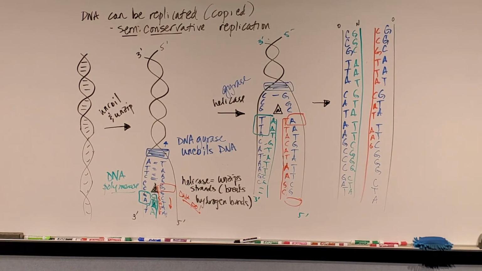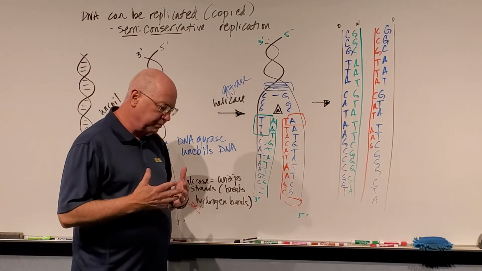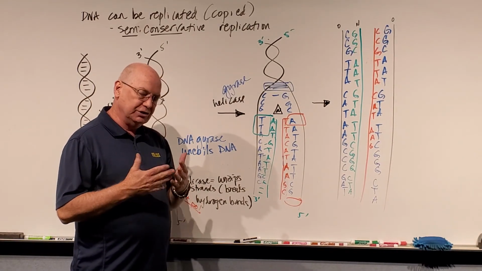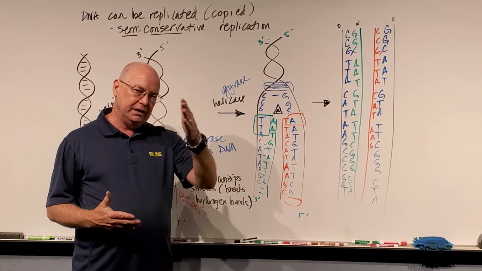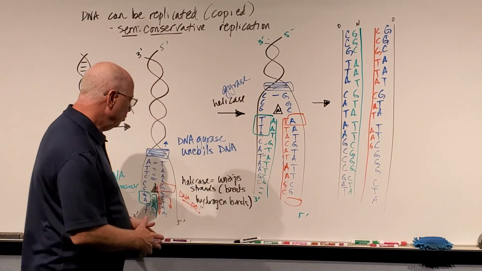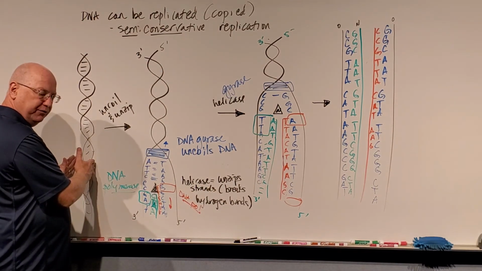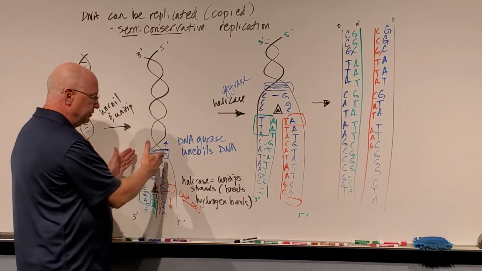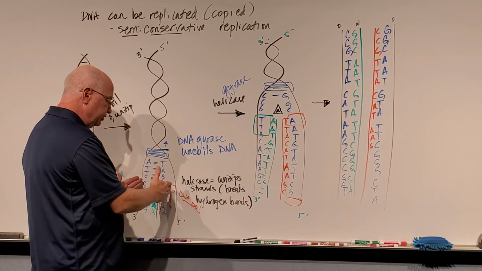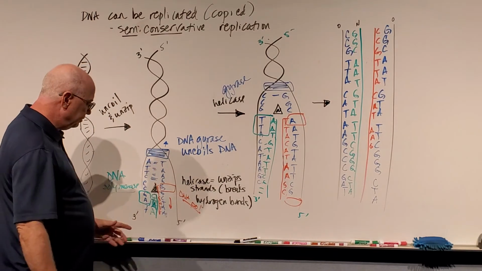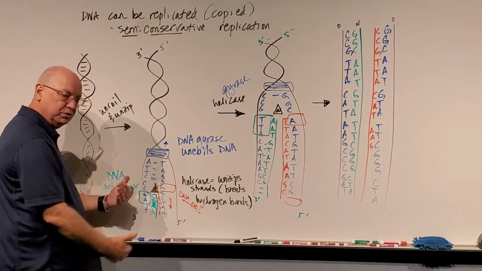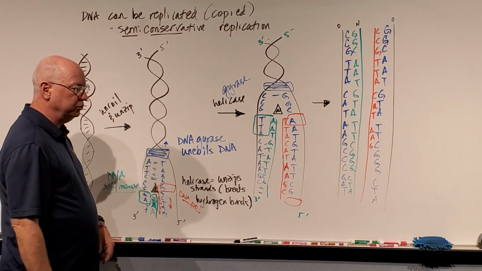Okay? So ultimately what you need to know about DNA replication is it's the process of copying DNA into a new strand of DNA. We start with an original strand that's in the form of a double helix. We have some enzymes like gyrase, which uncoils it, helicase, which unzips the hydrogen bonds, and DNA polymerases, which add in the complementary base pairing rule.